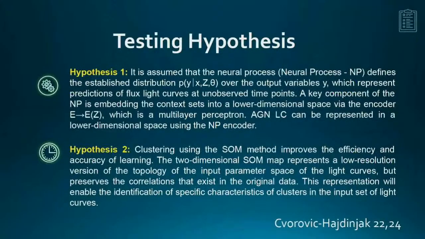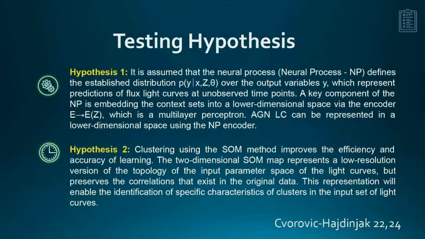So the two testing hypotheses addressed within this work are, basically, how can we apply neural processes on quasar light curves to lower the dimensional space and do the representation of the light curves, and whether we can represent the light curves in the lower dimensional space with the neural processes encoded.